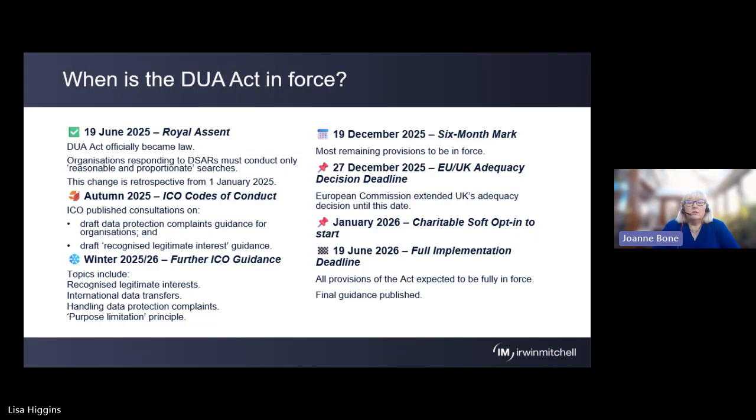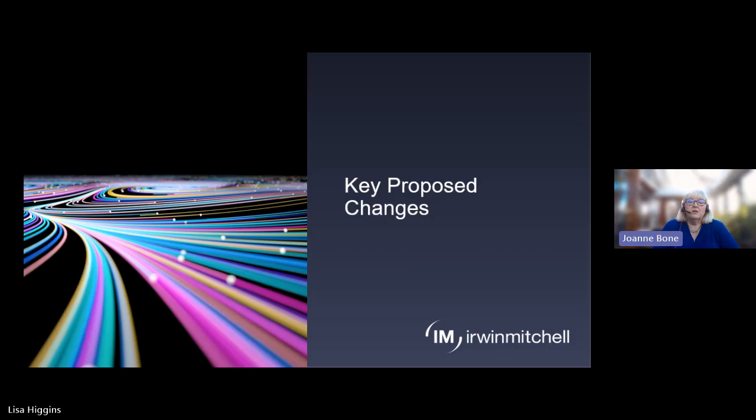You might not have links with schools in the EU, but it's important from a supplier point of view, as suppliers these days are more diverse in terms of where they're located, and so the free flow of personal data is important. Full implementation is the 19th of June next year, but I think a lot of the data protection stuff should be in by then.